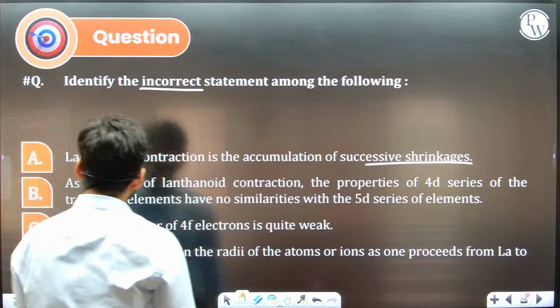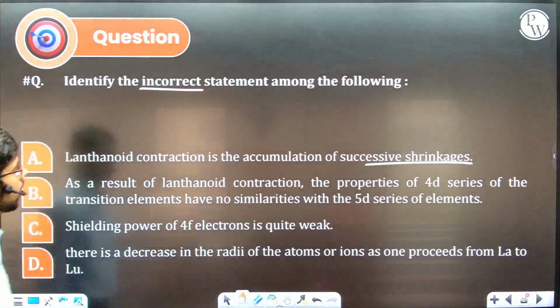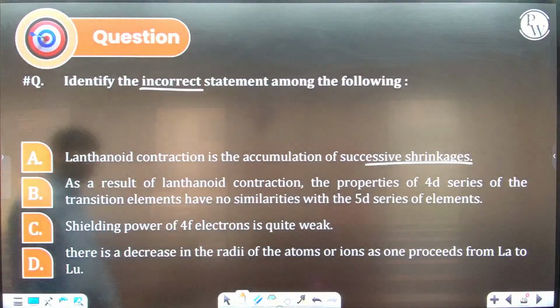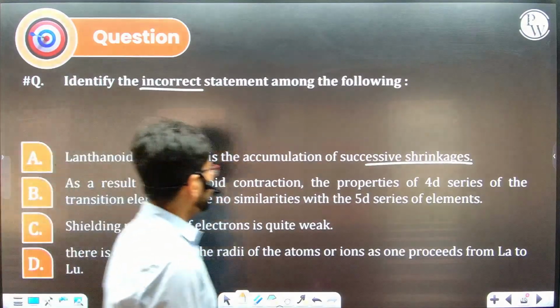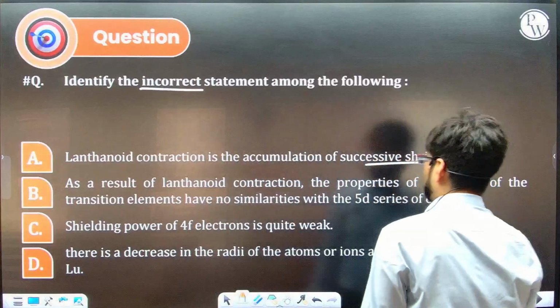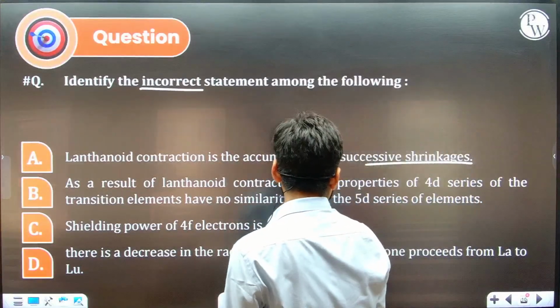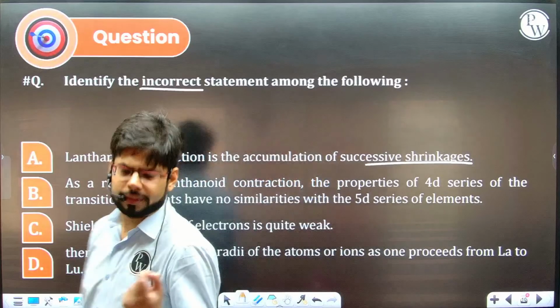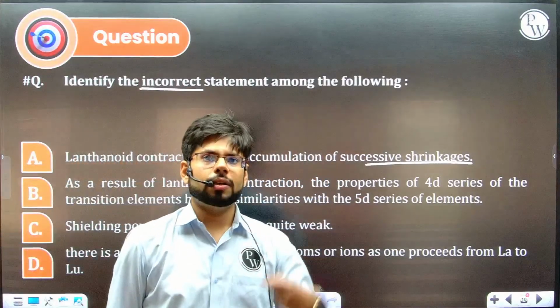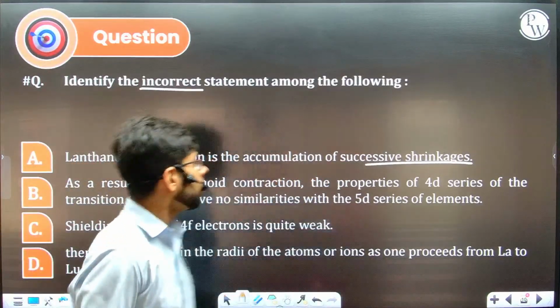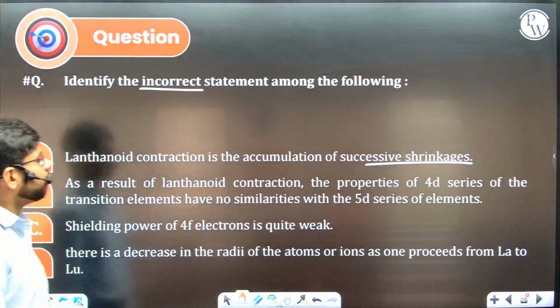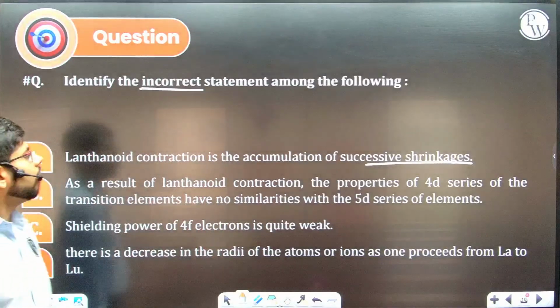Next statement: as a result of lanthanide contraction, the properties of the 4d series of the transition elements have no similarities with the 5d series of elements. Now this is incorrect, because there are very much similarities between the elements of the 4d series and 5d series.